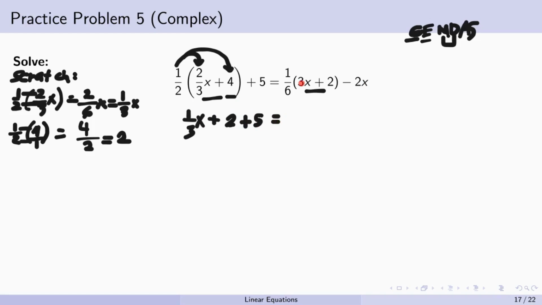Equals, also let's solve for 1 over 6 times the quantity of 3x plus 2. We have 1/6 multiplied to 3x first. So again, the first thing that we must do here is to put over 1, then multiply directly the numerators and denominators. 1 times 3x is 3x. 6 times 1 is equal to 6.